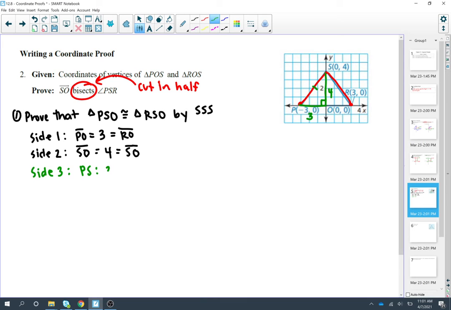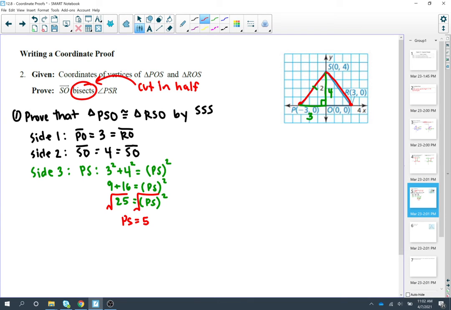So I can say that 3 squared plus 4 squared equals side PS squared. Because remember, a squared plus b squared equals c squared. So this is 9 plus 16 equals PS squared, which gives us 25 equals PS squared. Then in order to get rid of the squared, we're going to square root both sides. So I know that PS is 5.